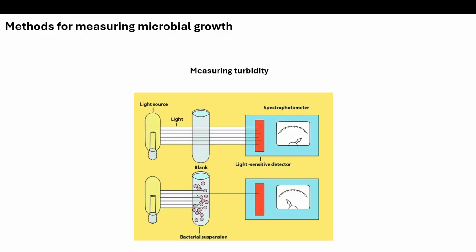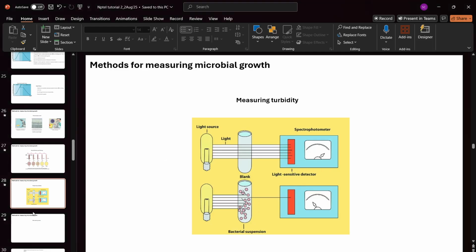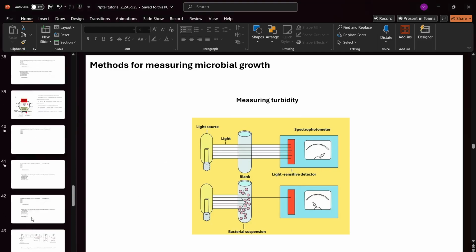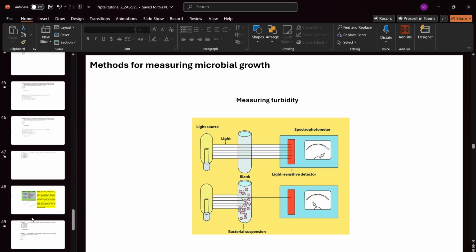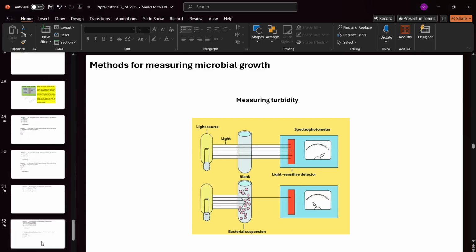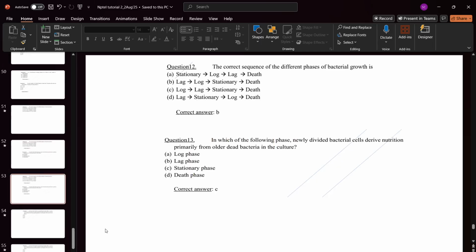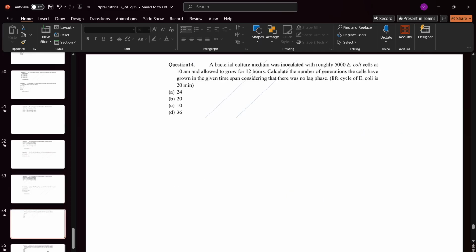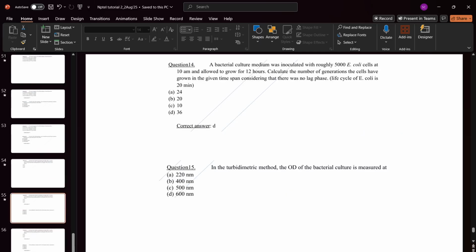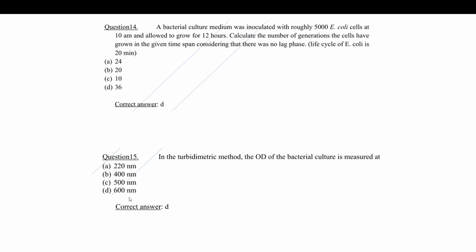For measuring the nucleic acid content in the cells, the wavelength used is 260 nanometers. But for measuring the optical density or the content of bacterial cells in the culture medium, the wavelength used is 600 nanometers.